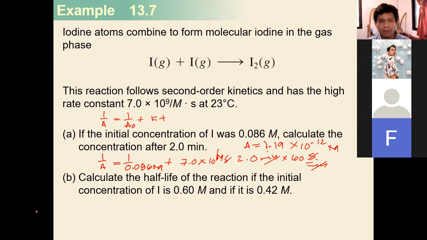Okay, letter B. Calculate the half-life of the reaction if the initial concentration of I is 0.60 molar and if it is 0.42 molar.